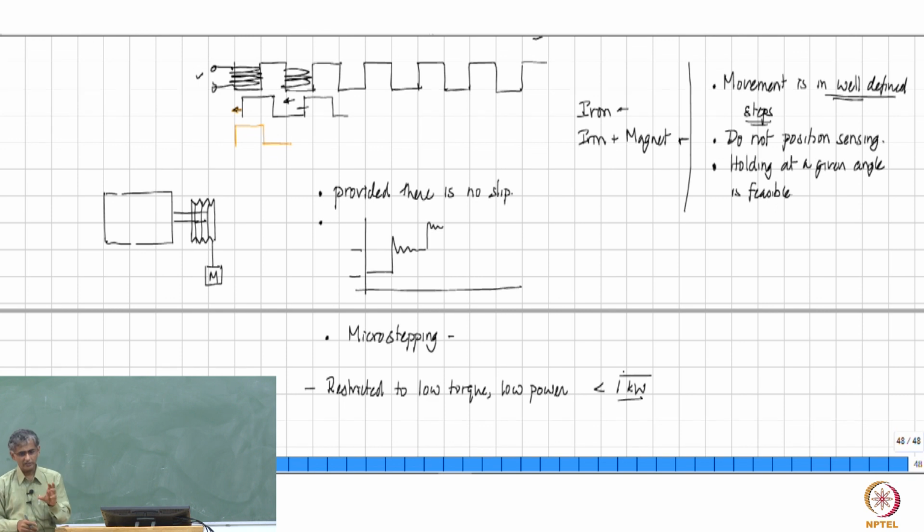So where your application requirement is small, you don't require much mechanical torque to move your load, and it's okay if you move in small steps, then these are probably the best machines to use for robotic applications, where the discreteness of movement is not much of concern to you. If you want very smooth movement, then this is ruled out.